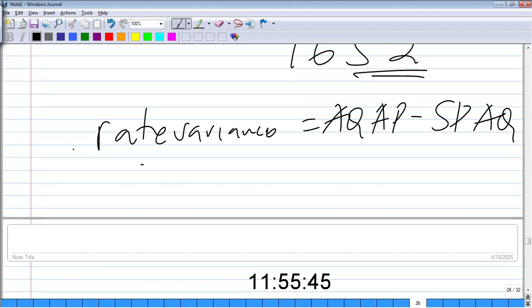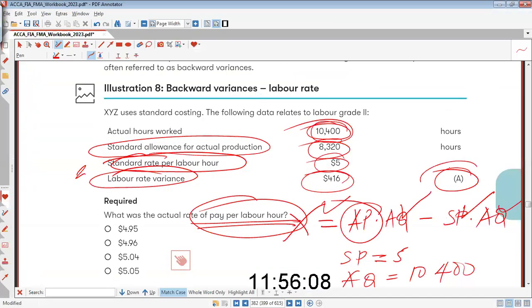But they say this rate variance is negative, and you need to know how to assign a rate from the negative. If it's negative, that means the actual was greater than the budget. That's why we ended up with an adverse variance.